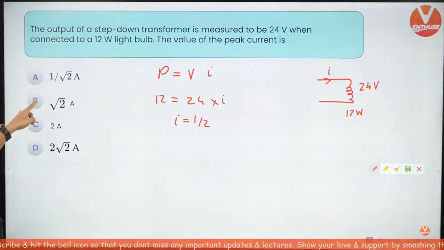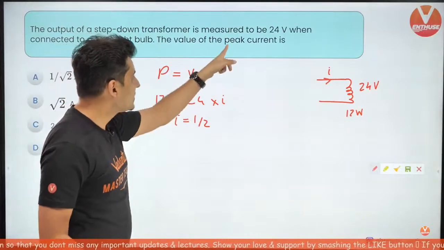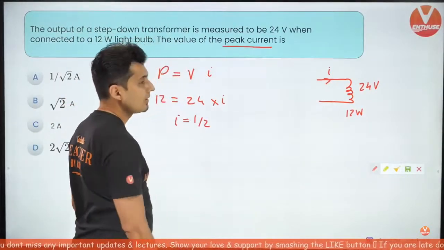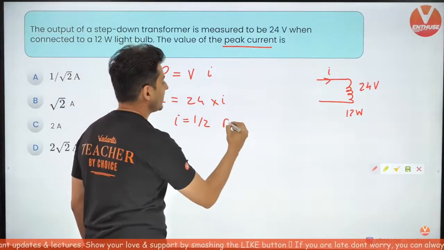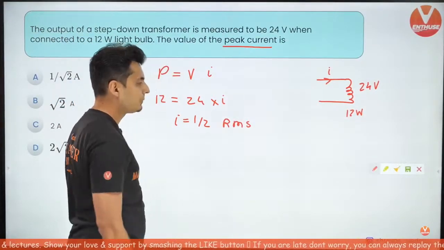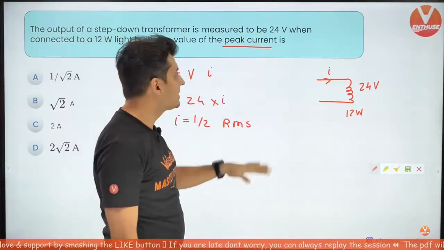Now most of you will be looking at the options and you'll be like, sir, the answer is not there. So read the question carefully. This is peak. The question is asking for peak current. The current you have found is just the RMS value. Yes, when nothing is mentioned, everything is RMS.